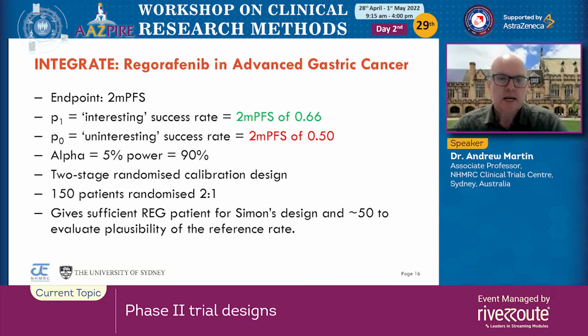And that design gives us a sufficient number of patients in the Regorafenib arm to implement one of these Simon's two-stage designs with an appropriate specification of alpha and beta, and it provides about 50 patients to help us understand whether our choice of reference rate is appropriate or not.